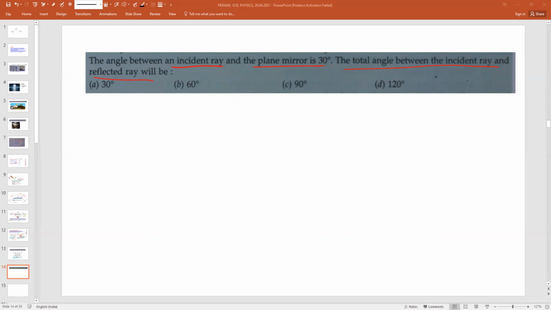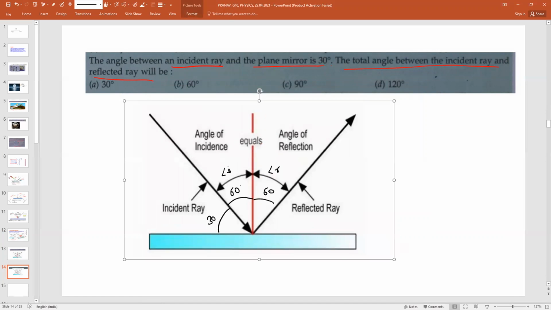How much is that? 120. Yes, you are right. Good, doing perfect. So here is your answer. Moving ahead.